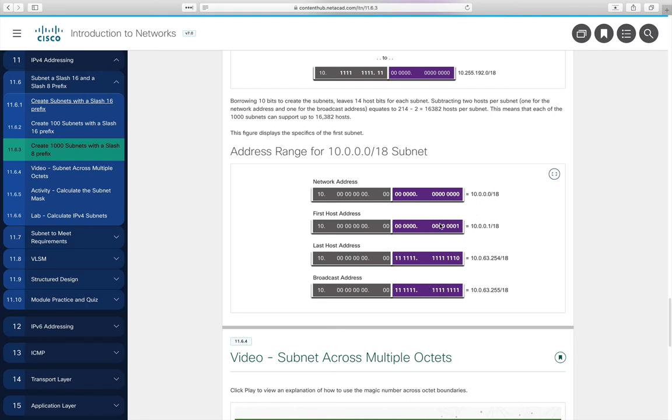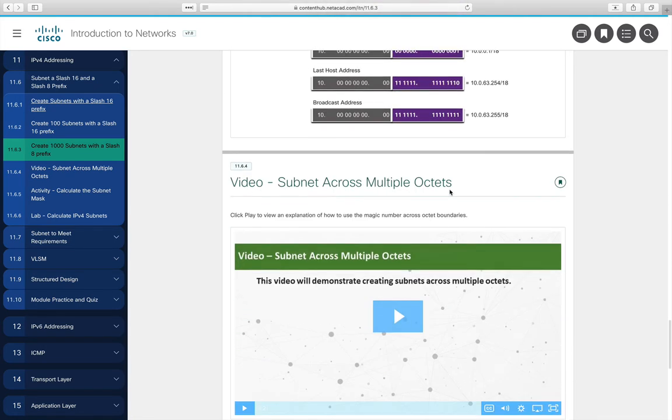One more than the network address is the first usable host. One less than the broadcast address is the last usable host in a subnet. So they're doing this for the 0 subnet. If you wanted to do it for some random one, like the 100th one, the process is exactly the same.